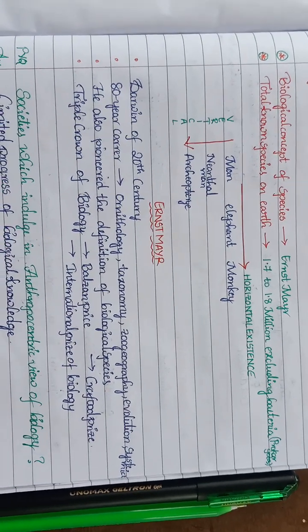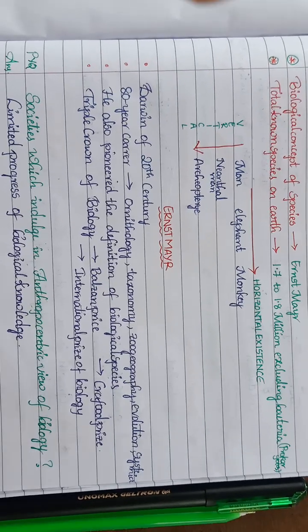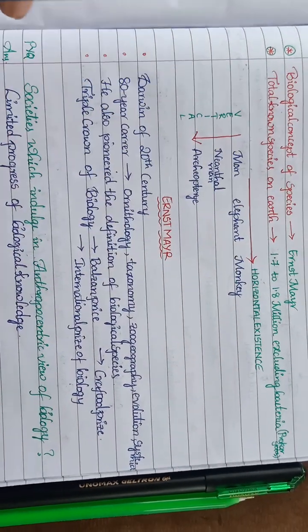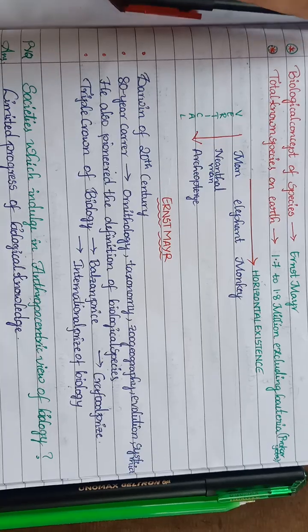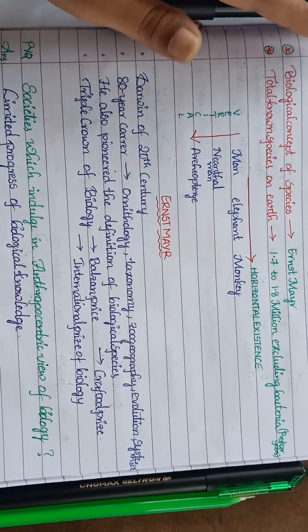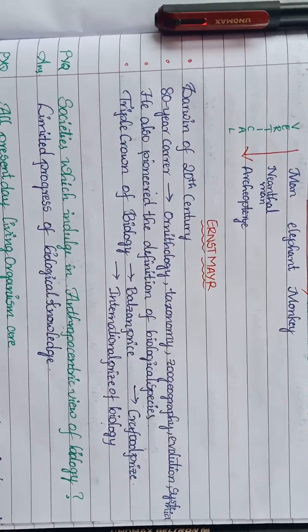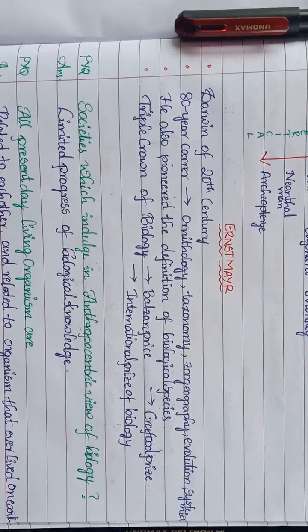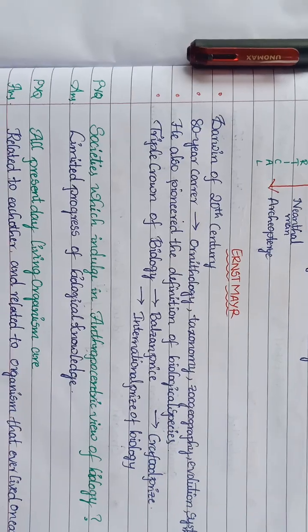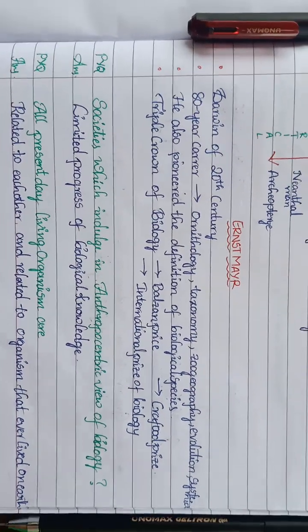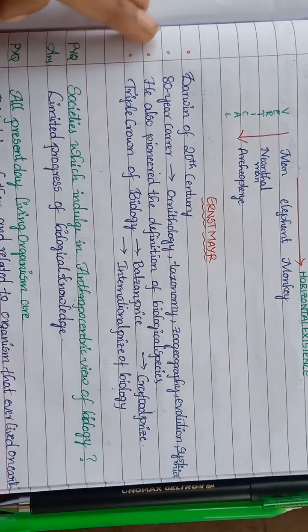He also gave the definition of the biological species, as I told you all. He also has a triple crown of biology: the Balzan Prize, Crafoord Prize and International Prize for Biology were given to him, so he is known as the triple crown of biology.